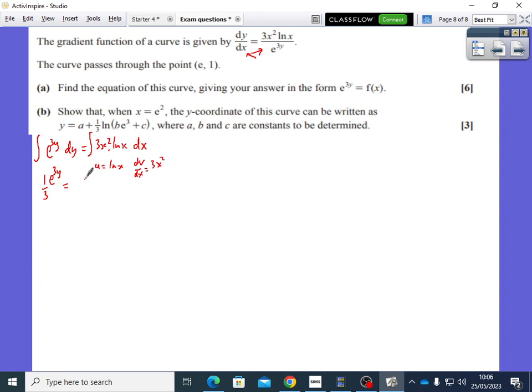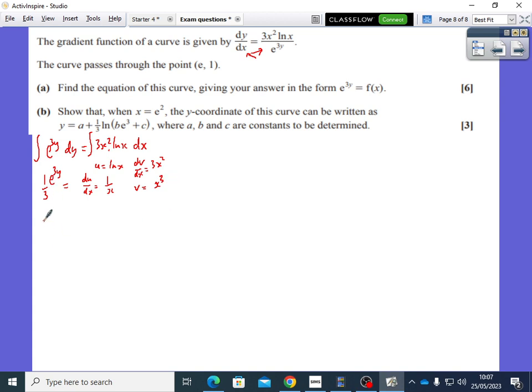So du/dx is going to equal, when you differentiate ln, it's just 1 over x. And when you integrate this one, v is going to give me, power up by 1 and divide by 3, it's just going to give me x cubed.